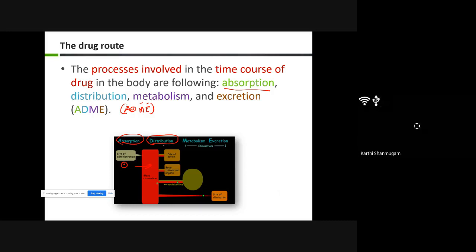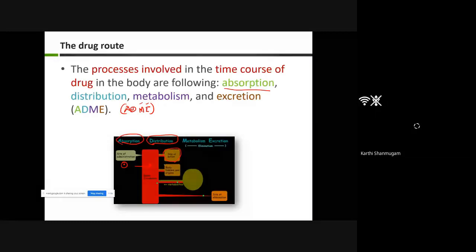During distribution, some quantity of the drug molecule will be taken to the site of action, but the molecule will not be taken only to the site of action because the blood is flowing to the entire body. So some quantity of the drug molecule will be taken to other body tissues and organs.